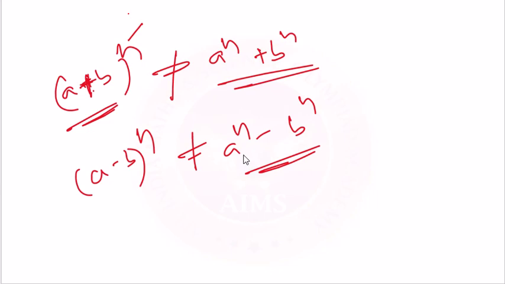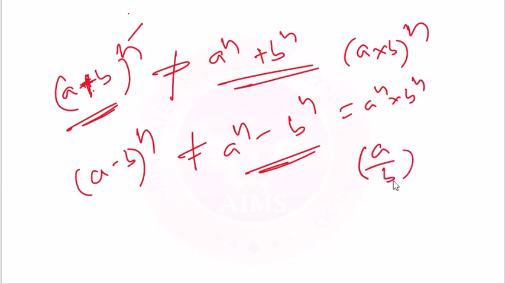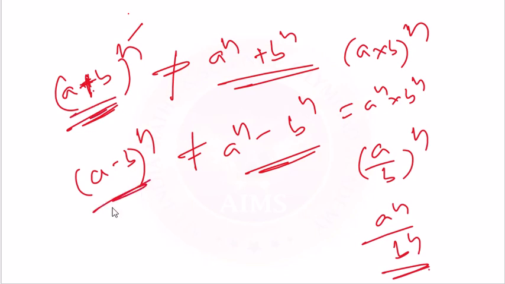Only in the case of multiplication, we can write a power n, b power n, or in the case of division, a power n by b power n. But in the case of addition and subtraction, we cannot do like that.